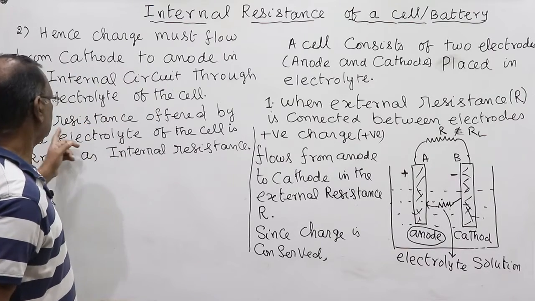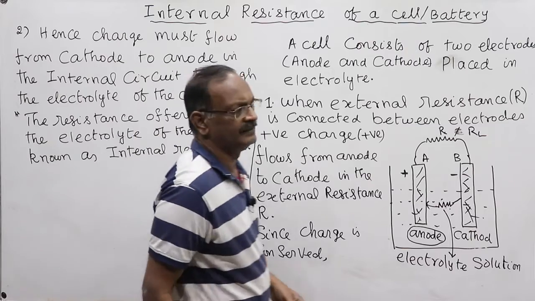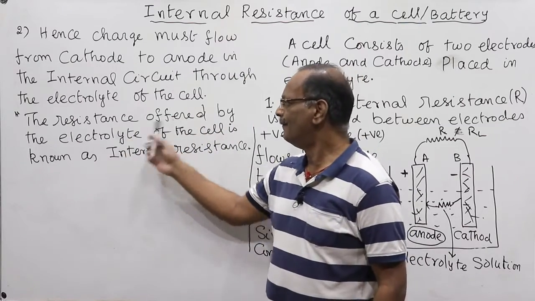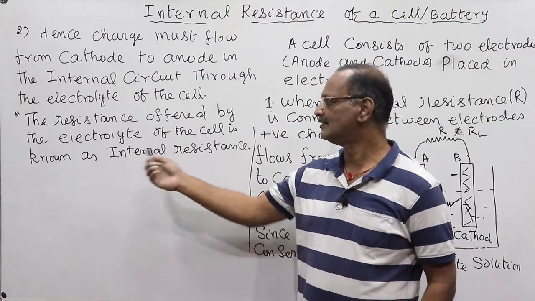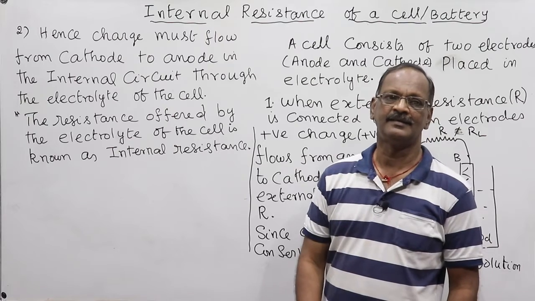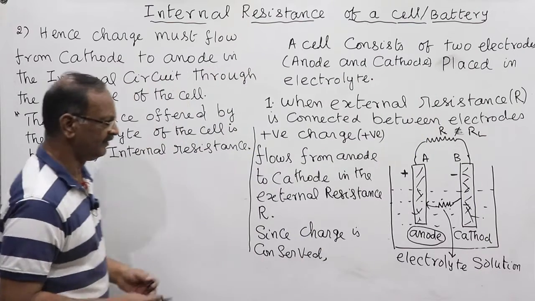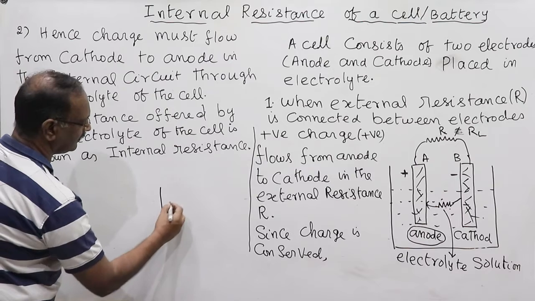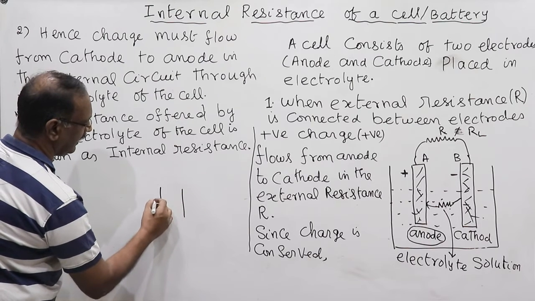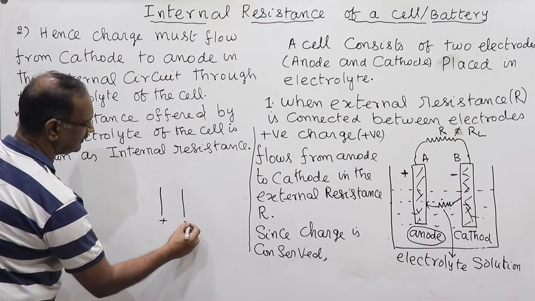The resistance offered by the electrolyte of the cell is known as the internal resistance of the cell. How can we realize this? This is the anode and this is the cathode.